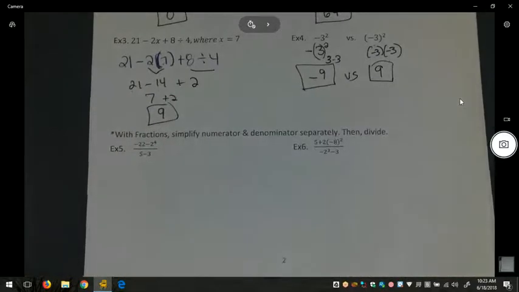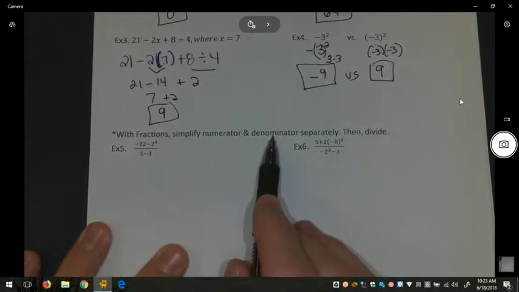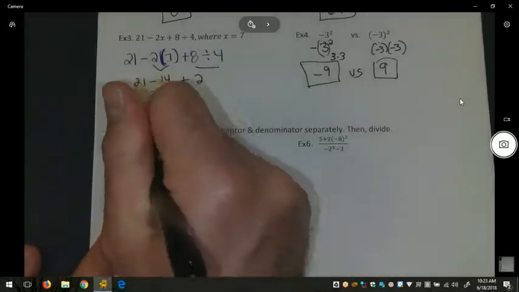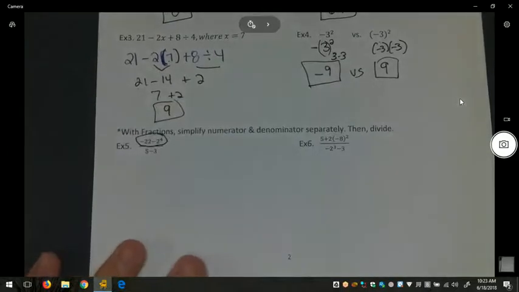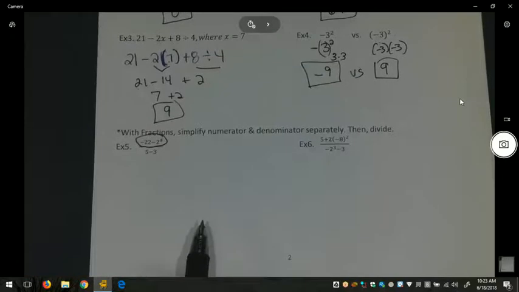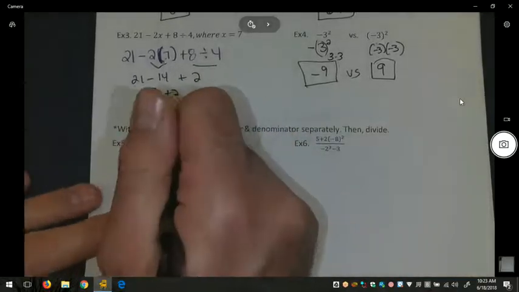Examples 5 and 6, we have to be very careful when we do fractions. We need to simplify the numerator and the denominator separately and then do the division. So for this, in my numerator, I don't have any parentheses, but I have an exponent on the 2. 2 to the 4th is, I believe, 32. 2 times 2, nope, 16, sorry. 2 cubed is 8.